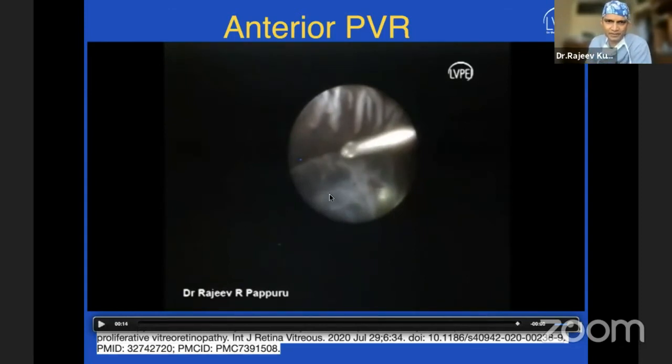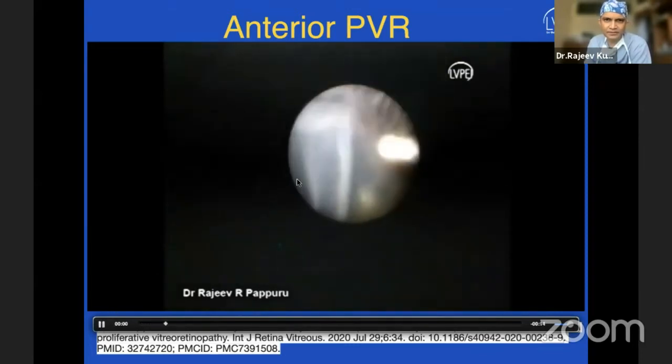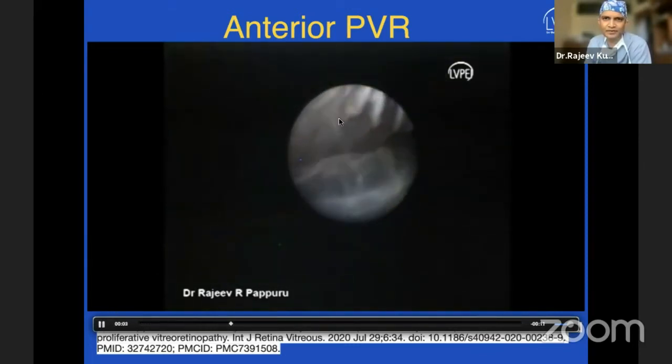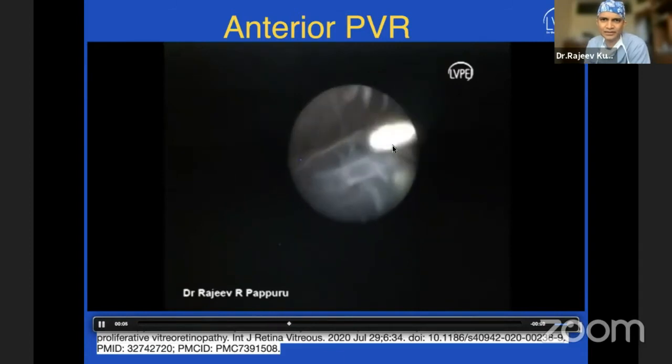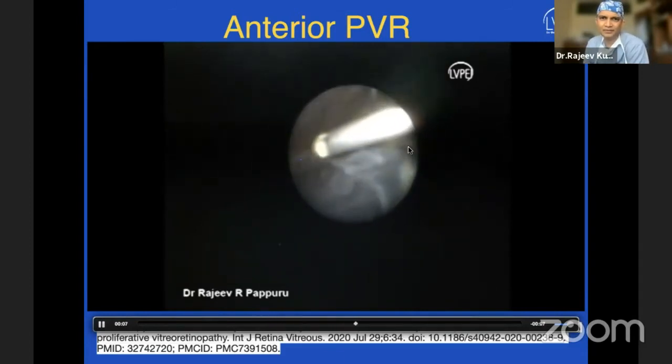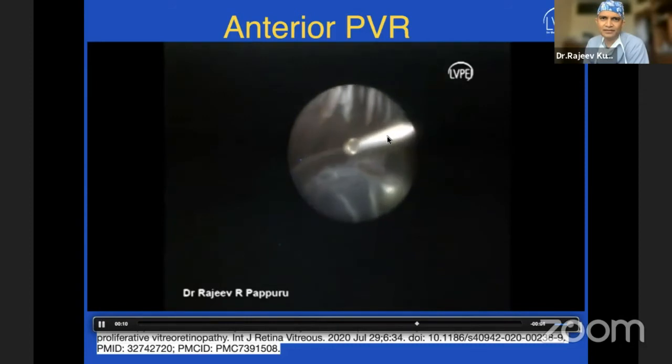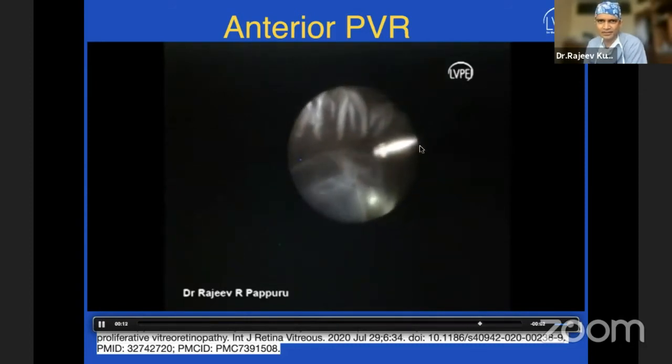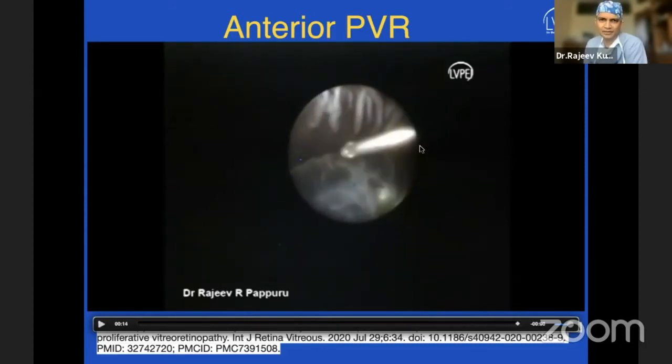If you look at it again, this whole retina is pulled up to the ciliary body, and you can see the anterior PVR being dissected here and releasing the retina from the ciliary body, and then getting that anterior PVR relieved. This is another area where it helps in identifying and treating anterior PVR better than what we could have done with the regular visualization.